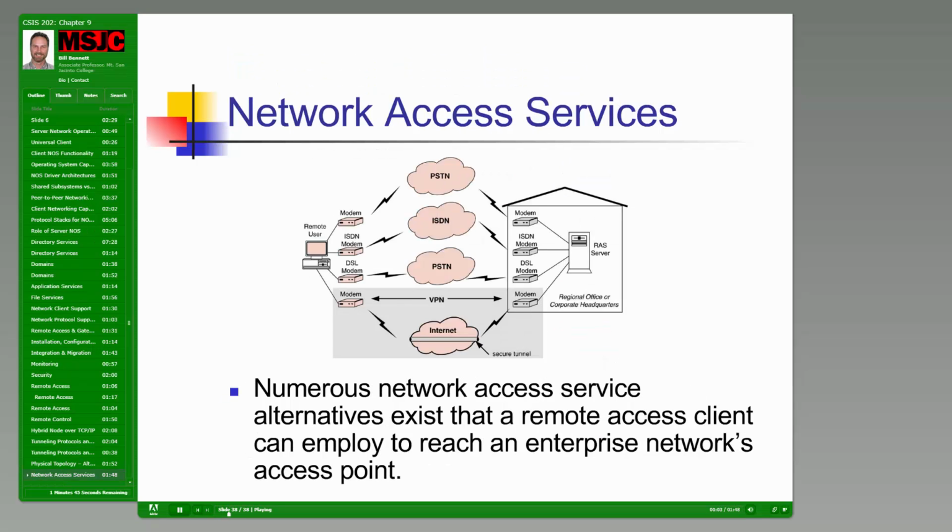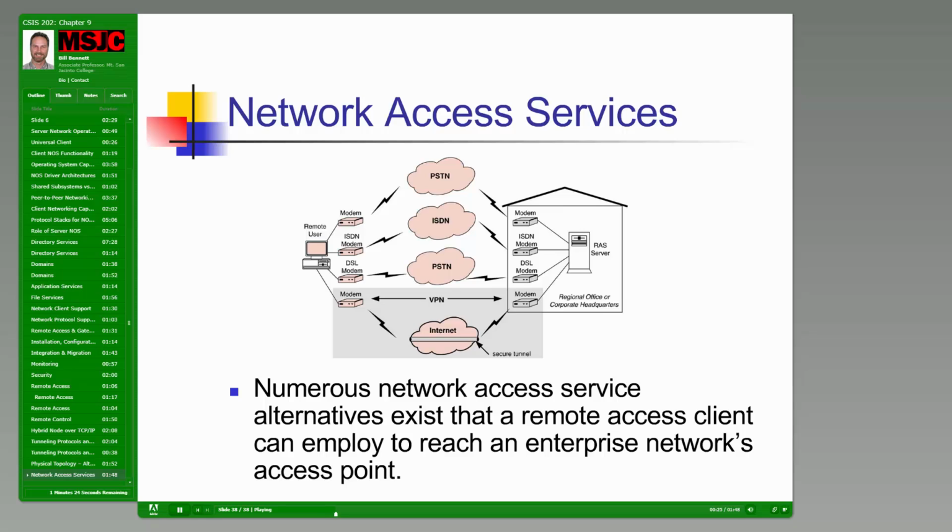This graphic then just shows all the different ways that we might connect the two points together, the remote site to the local site. And so in a dial-up situation, you're going to go through the public switch telephone network. There's also another type of network that's a digital network called ISDN, Integrated Services Digital Network.